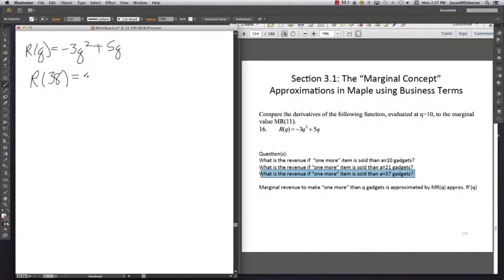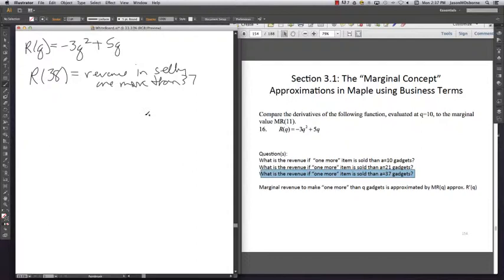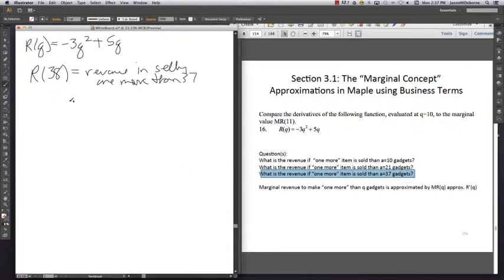That's what it is asking, the revenue in selling one more than 37 gadgets. We can find that exactly: you just plug the number 38 into that function. So this is the revenue in selling 38 gadgets.